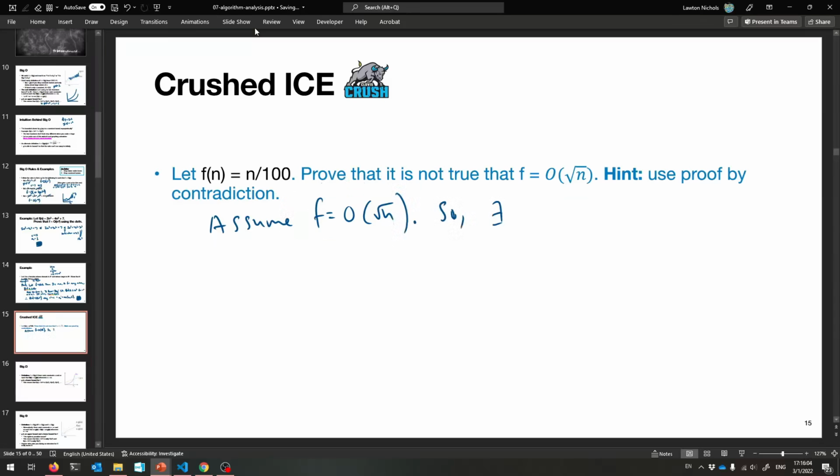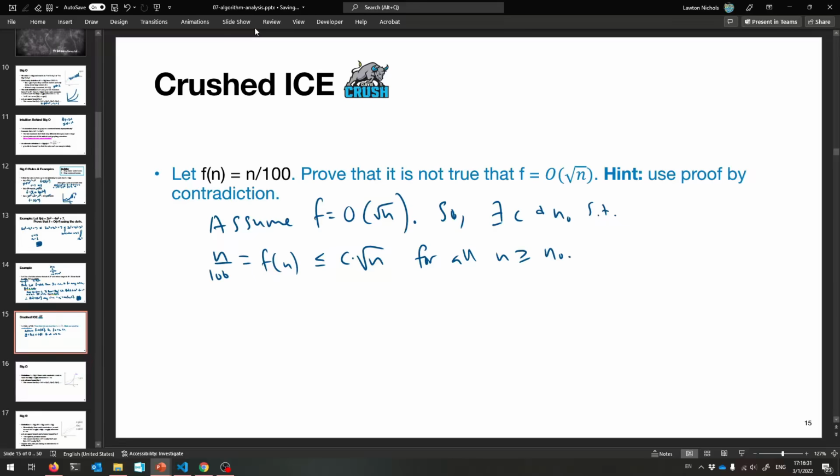So there exists a c and an n naught such that, got to unpack the definition, this is all true. N over 100, because that's the original function, that is f of n, is bounded above by c times square root of n, because that was g of n, for all n greater than or equal to n naught.